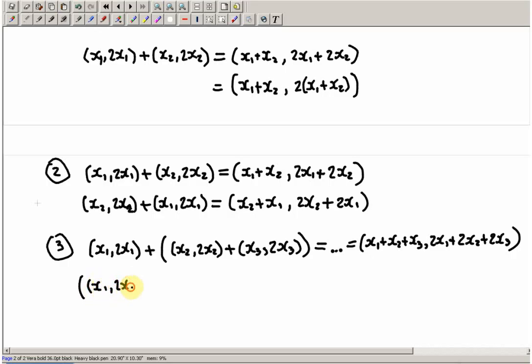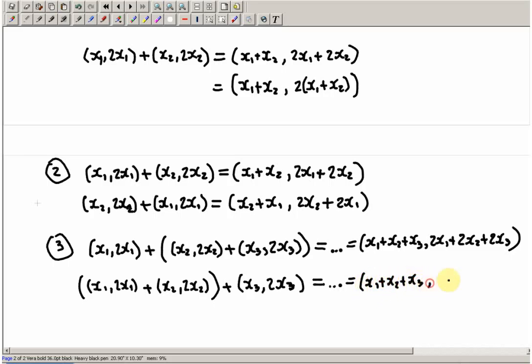So (x1, 2x1), (x2, 2x2), (x3, 2x3). I'll let you do the work here. If you expand this, obviously you're going to get x1 plus x2 plus x3, and 2x1 plus 2x2 plus 2x3, which is the same. So there is the associative property.